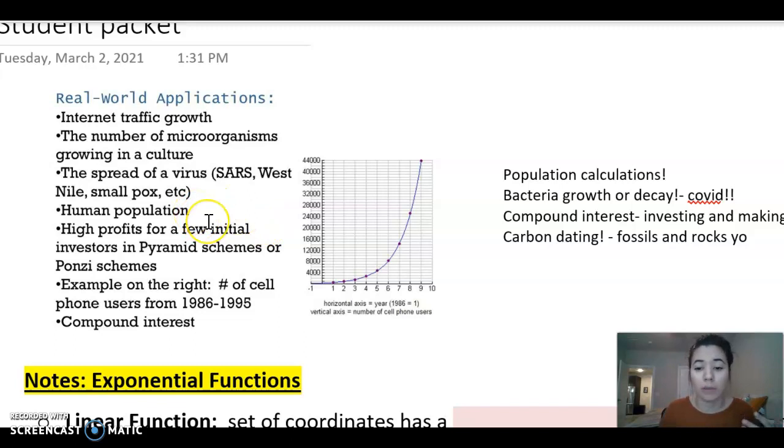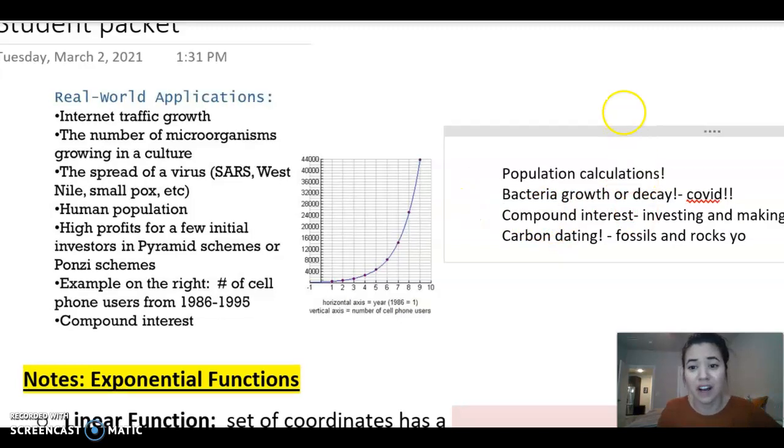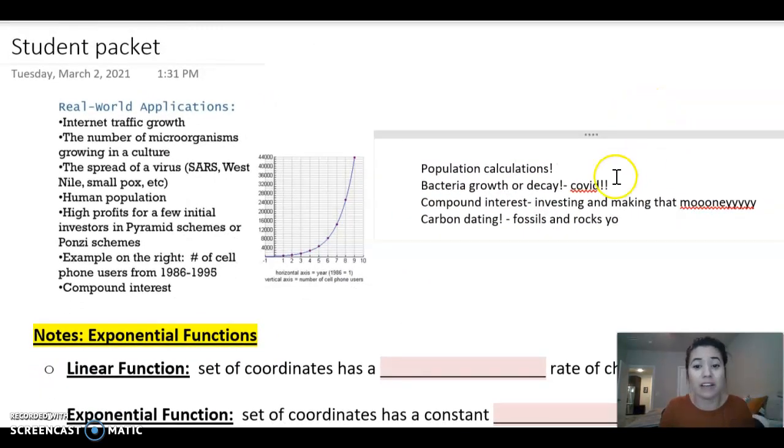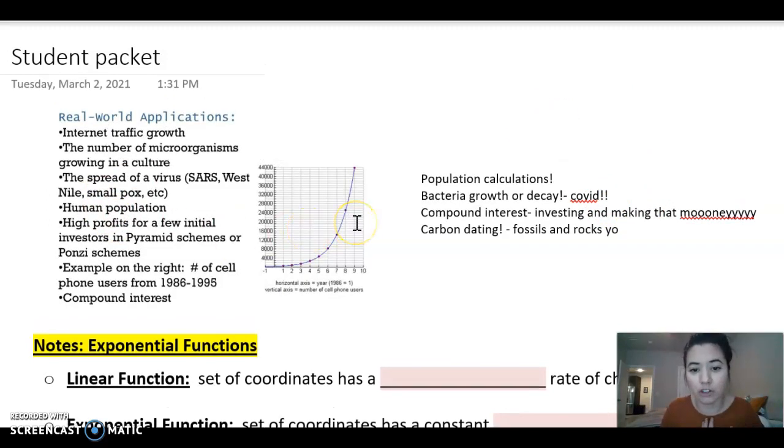Human population, when we look at the population growth within our country or in the world, we use exponential functions. High profits, what we call compounding interest. That's all about investing and making money. Those would be examples of some exponential functions.